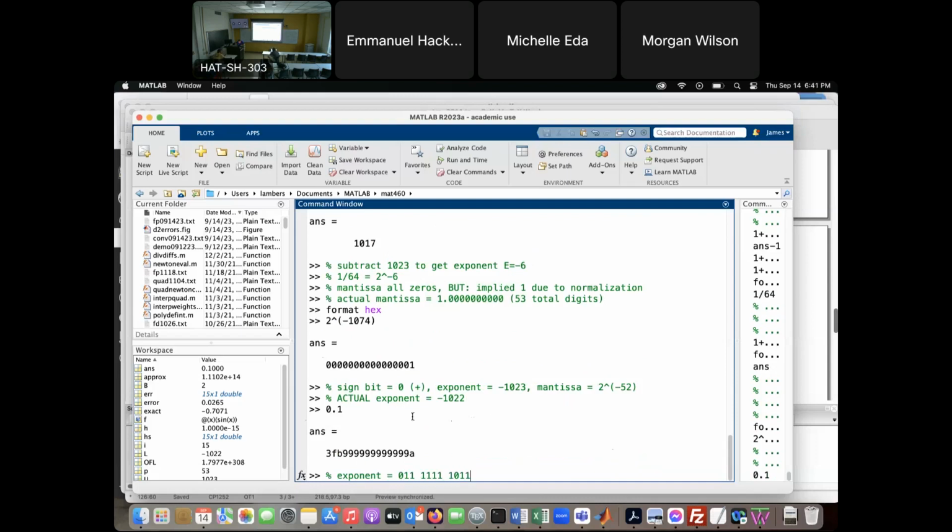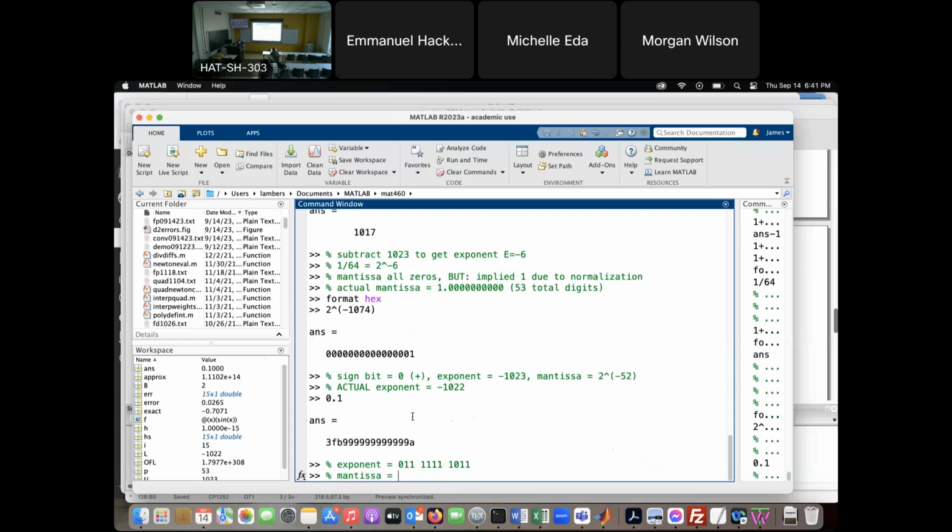Okay, so that gives you the exponent. And then the mantissa, I have all these 9s here, so that's 1, 0, 0, 1, 1, 0, 0, 1, and so on. If it is A at the end, that's 10 in hexadecimal, so that'd be 1, 0, 1, 0. That's it. The last digit being even, it's rounding to even.